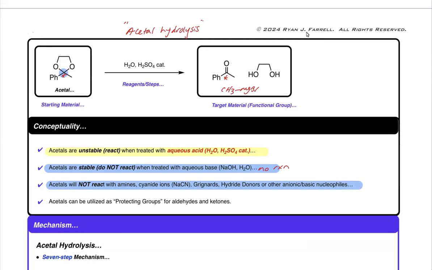But if I have a Grignard floating around an acetal, it does not recognize that acetal as an electrophilic carbon. That acetal will not be reacted by amines, cyanide ions, Grignards, or hydride donors. It will also not react and transform under aqueous base, but it will react under aqueous acid conditions.